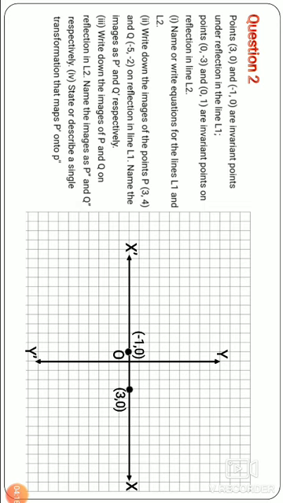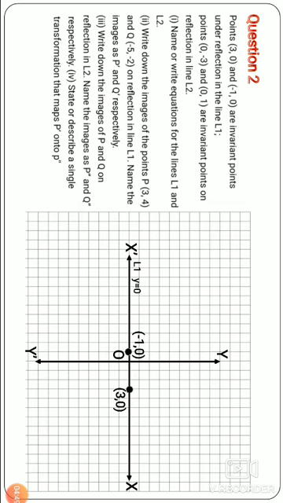Now since both of them lie on the x-axis, that's why my line L1 will be the x-axis, and the equation of the x-axis is given by y equals 0, which you have learned from your coordinate geometry in class 9. Now again, points 0 comma -3 and 0 comma 1 are invariant points on the reflection in line L2.